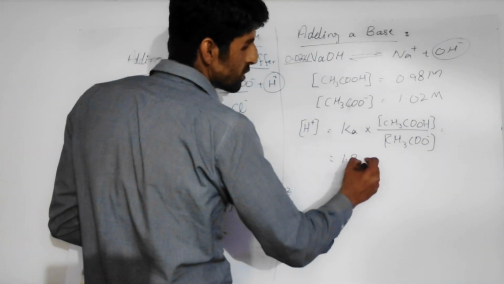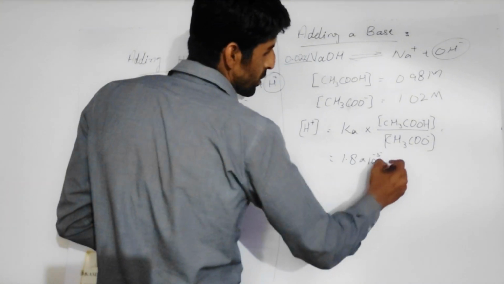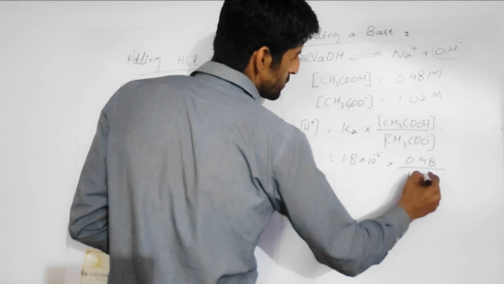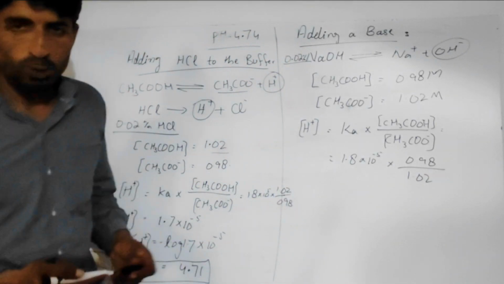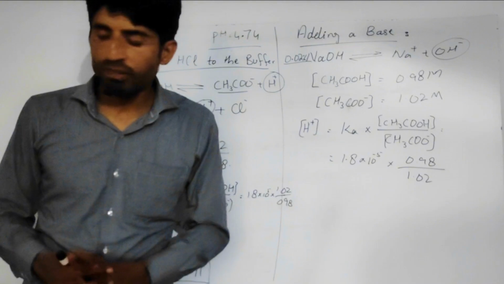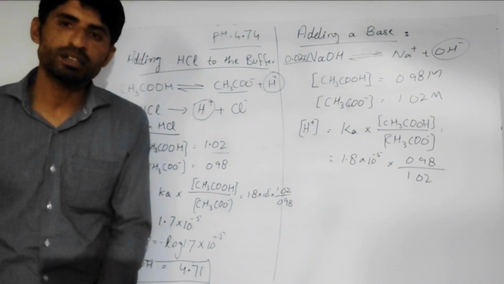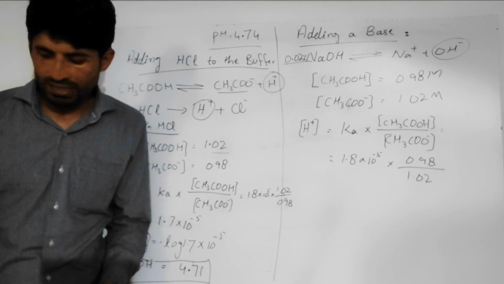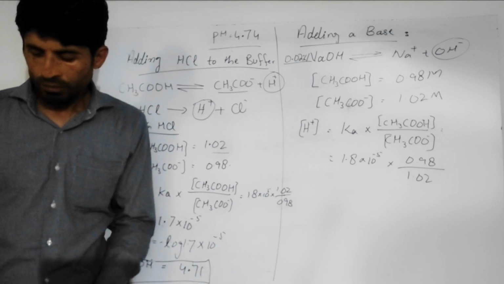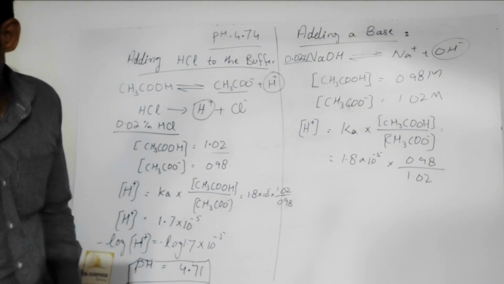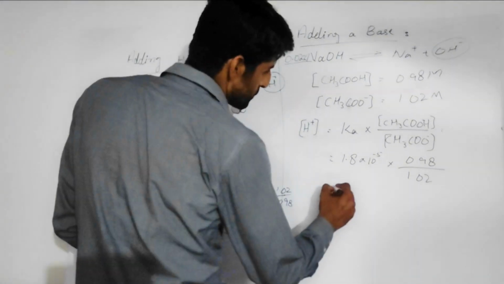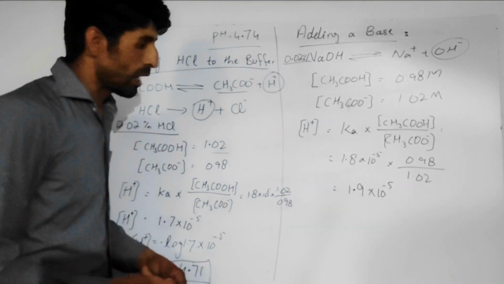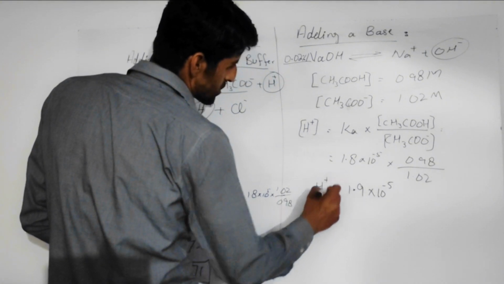Let us put the values in the formula, multiplied by 0.98 over 1.02. So as we can see, the concentration of acetic acid has decreased and the concentration of acetate ions has increased, and the concentration gives us the value of 1.9 into 10 raised to power minus 5, and this is the concentration of hydrogen ion.